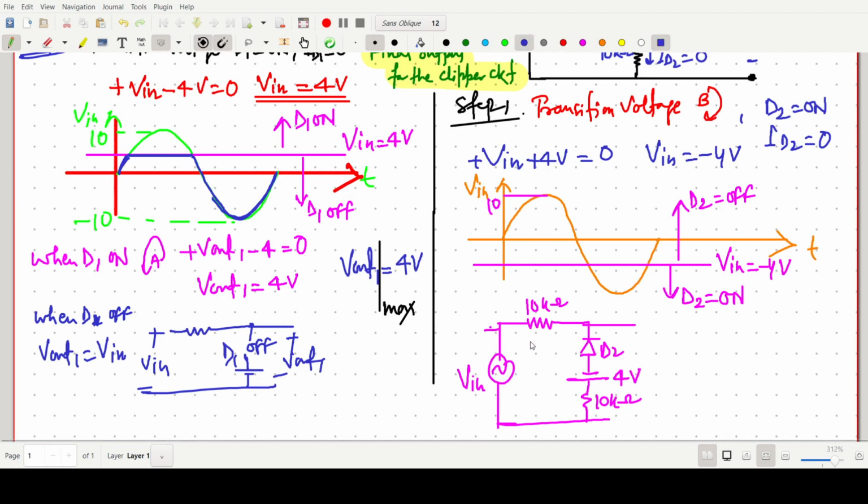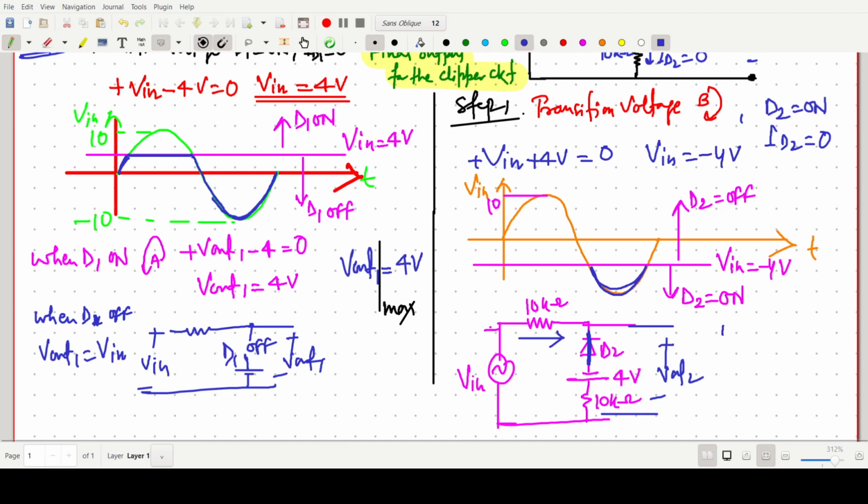Okay, now when D2 is on, in this range, it will give some output response. For the time being, I am saying some current will flow when D2 is on, and this value will be, say, V output 2.